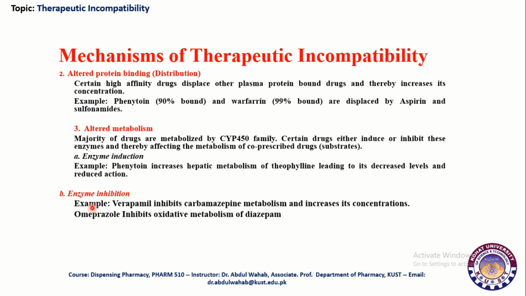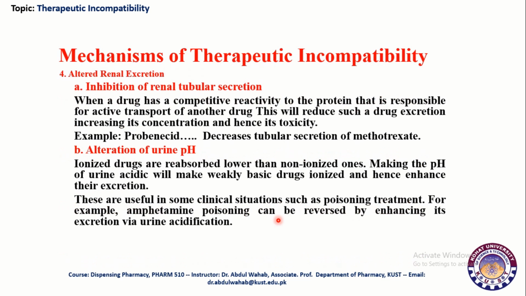Enzyme inhibition. Example, verapamil inhibits carbamazepine metabolism and increases its concentration. Omeprazole inhibits oxidative metabolism of diazepam. Altered renal excretion.